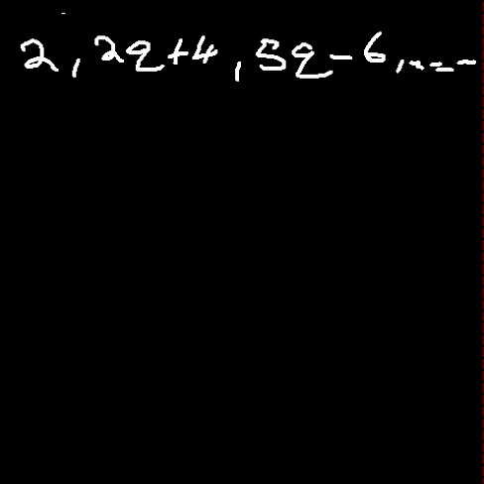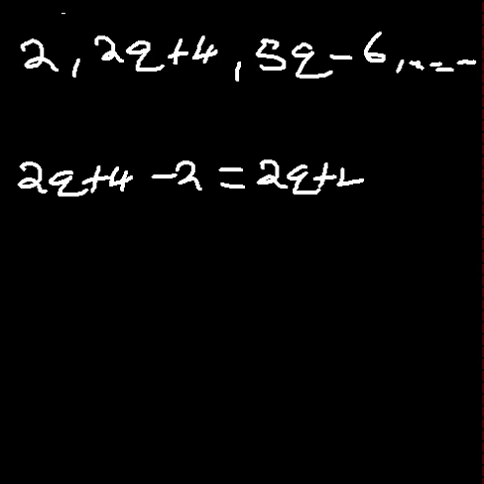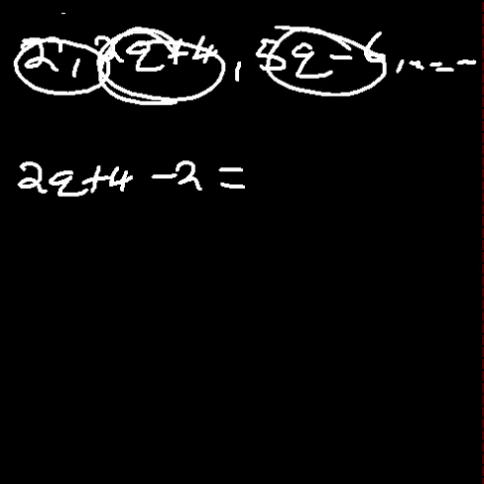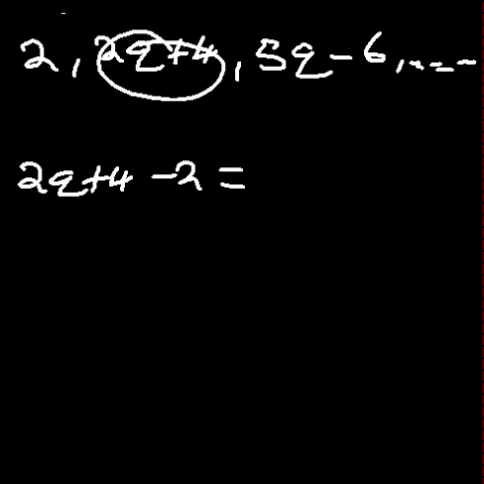So in this case, the common difference will be 2q plus 4 minus 2, which is equal to this one minus this one, the same common difference.